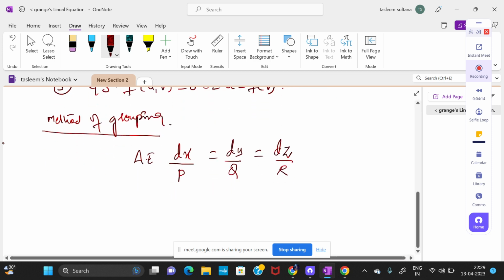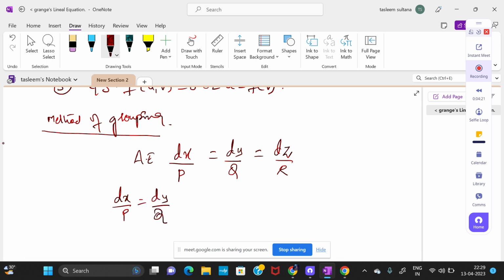Then for finding the solution, you either take dx by p is equal to dy by q as one set, or for the next set dx by p is equal to dz by r, or dy by q is equal to dz by r. After finding the two solutions, you write the general equation. This type of solution is known as the method of grouping.